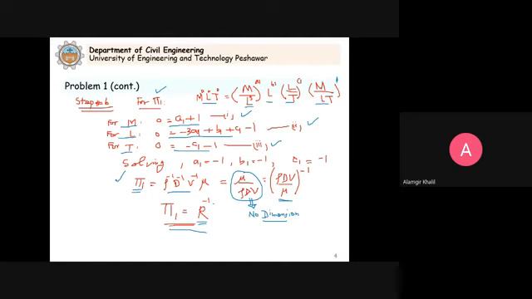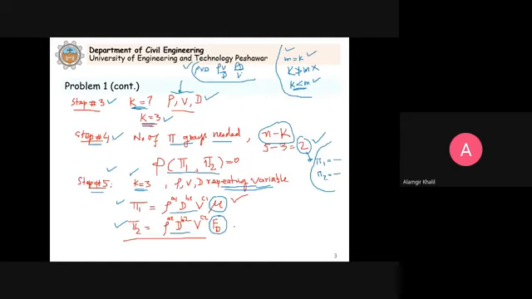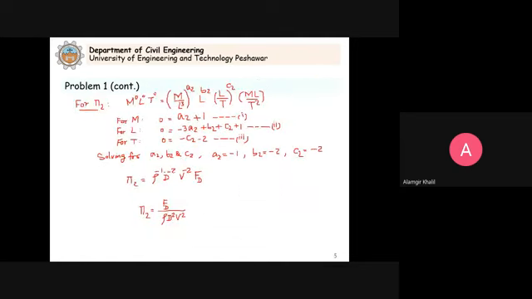Now we next continue for this pi 2, the same procedure, but now we go for the pi 2. So for the pi 2, we have this M power 0, L power 0, T power 0. Pi has no dimensions. And we put the dimensions for the parameters on the right hand side of this equation with arbitrary powers, a2, b2, c2.